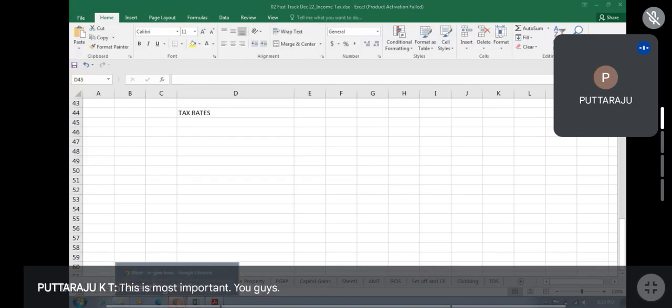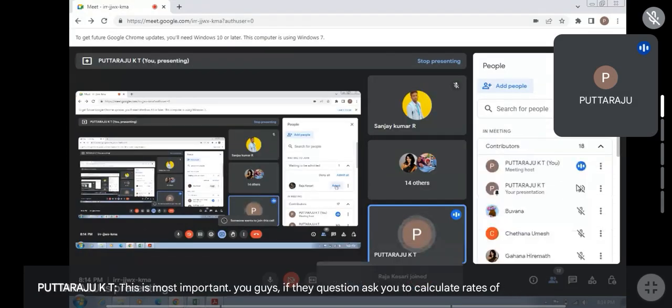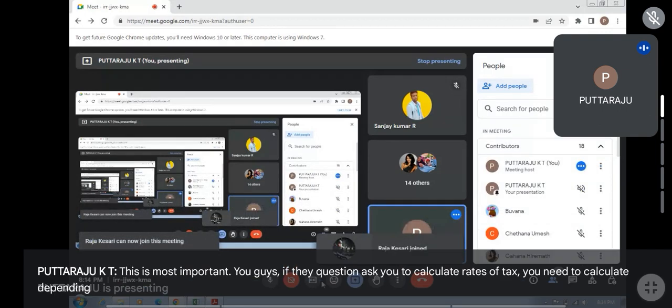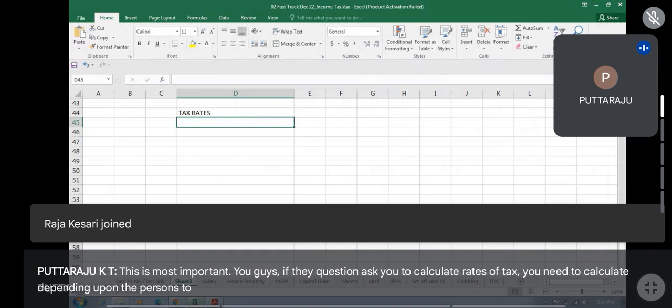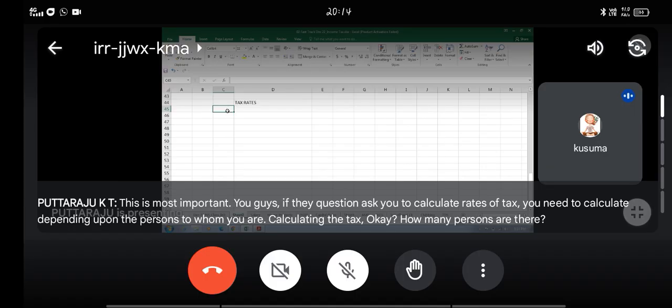You guys, if the question asks you to calculate rates of tax, you need to calculate depending upon the person to whom you are calculating the tax. How many persons are there? Seven. What are those?